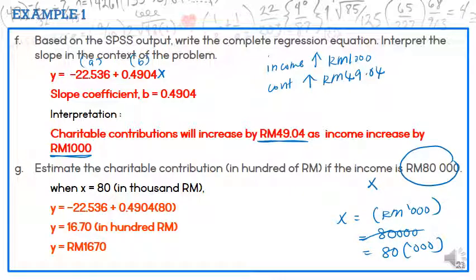So dia suruh cari Y, that's why we substitute X with 80 instead of 80,000. So you dapat Y sama dengan 16.70. Tapi Y itu in 100,000. So Y sama dengan RM1,670.